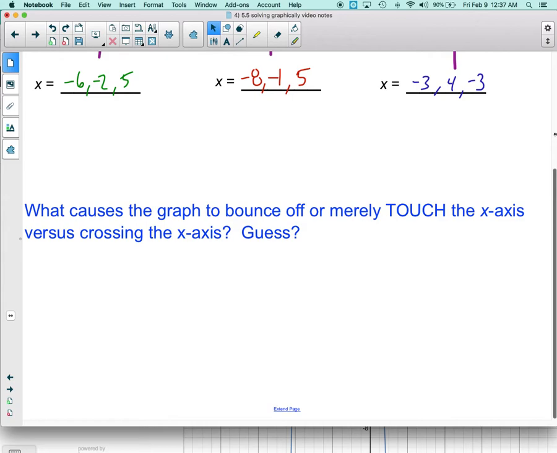is that when there is what's called a double root. Here we're going to use that term root.